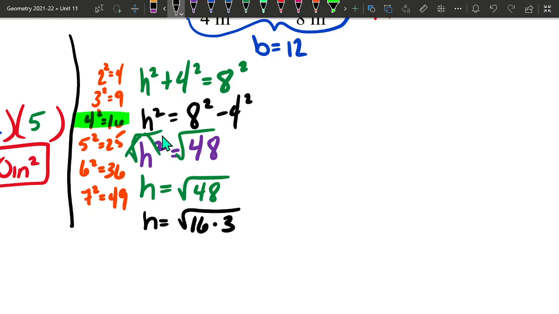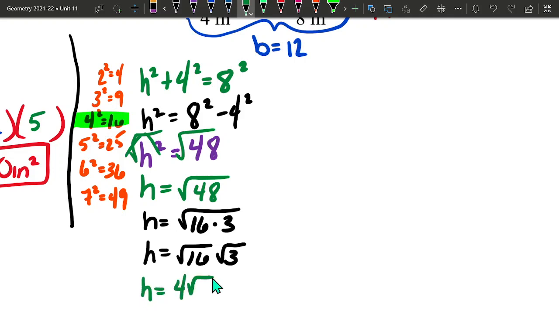And with radicals, you can split the radical into pieces. So I'm going to make it h equals the square root of 16 times the square root of 3. And I know that the square root of 16 is 4. So h equals 4 times the square root of 3. And that is simplest terms.